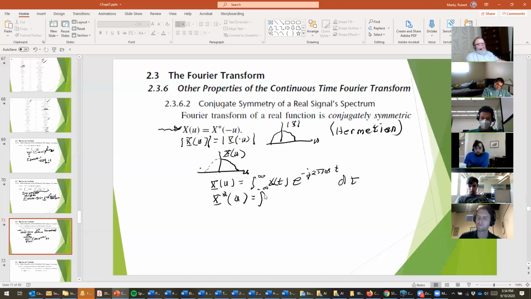Now, because this signal is real, once we conjugate it, we get the same exact thing, except this minus j becomes a plus j.